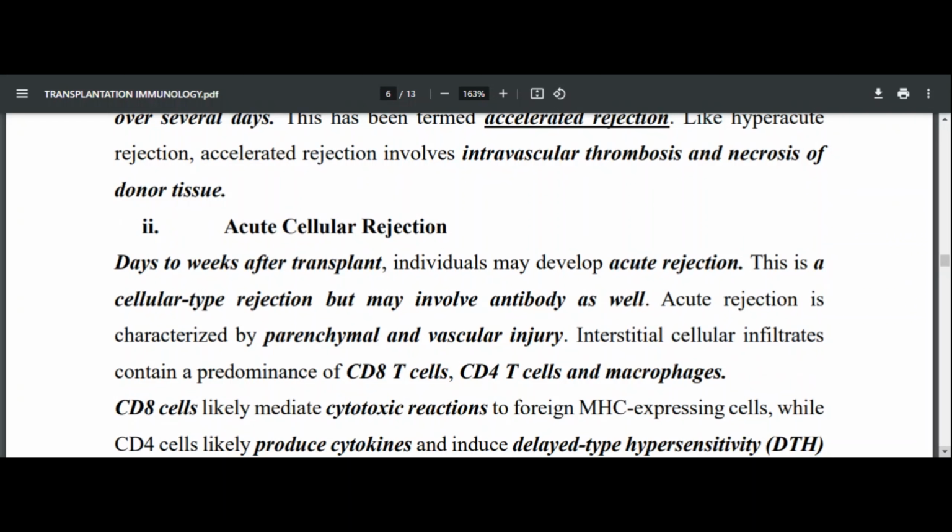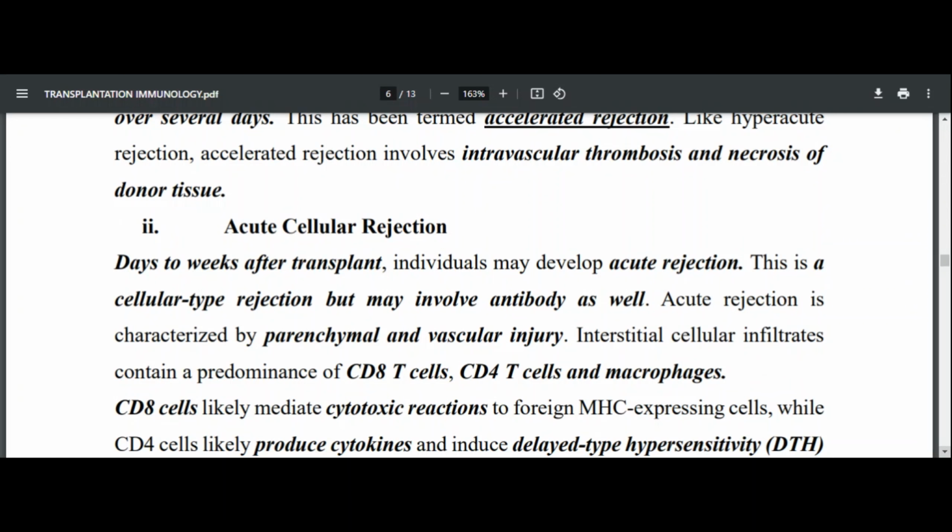Acute rejection is characterized by parenchymal and vascular injury, and interstitial cellular infiltrates which contain a predominance of CD8 and CD4 cells, and also macrophages. So acute rejection most commonly involves cells, but also antibodies.